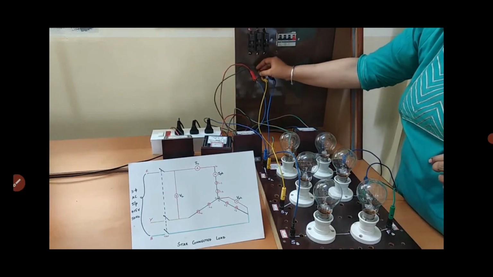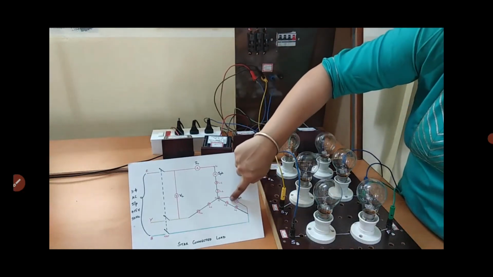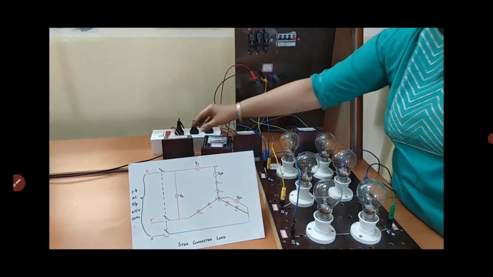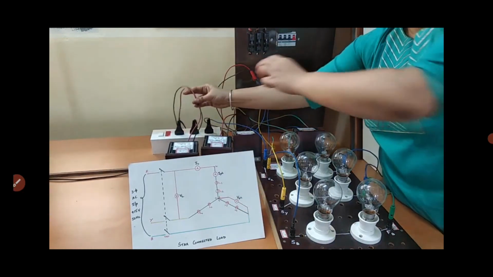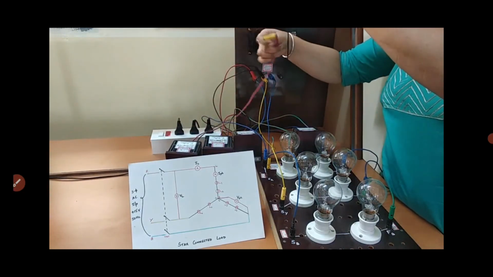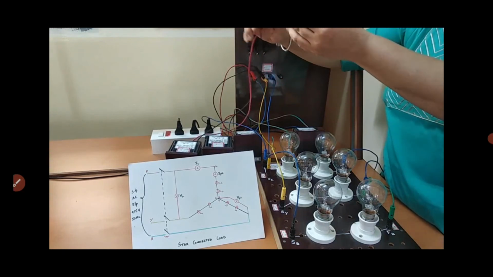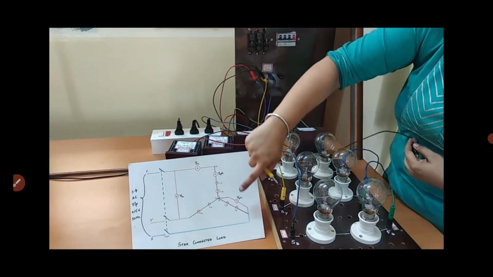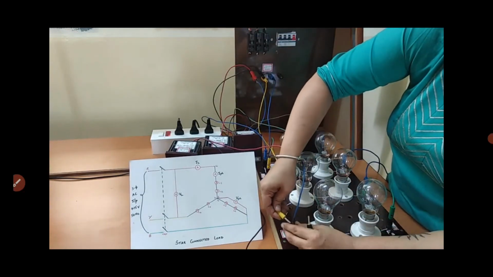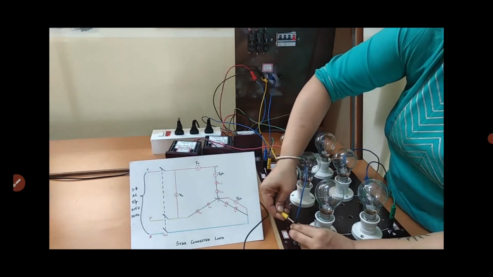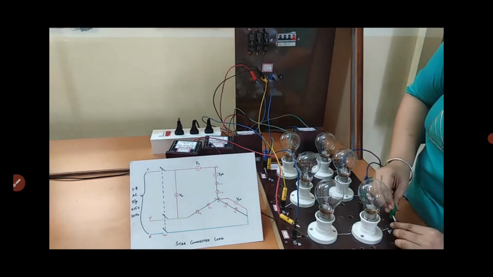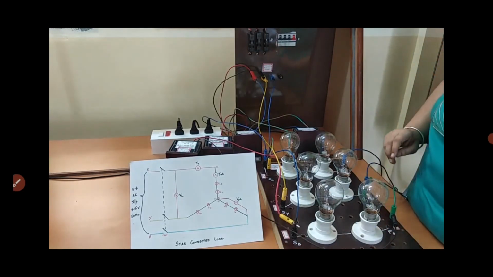Then we connect this voltmeter across SB and FB, that is across B phase. That is the starting of B phase, and this terminal is connected to the finish of B phase.